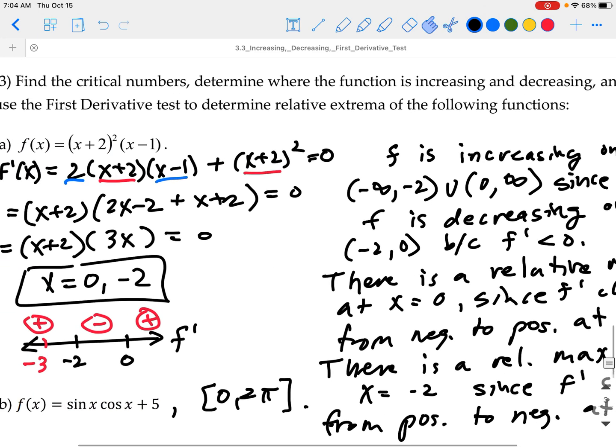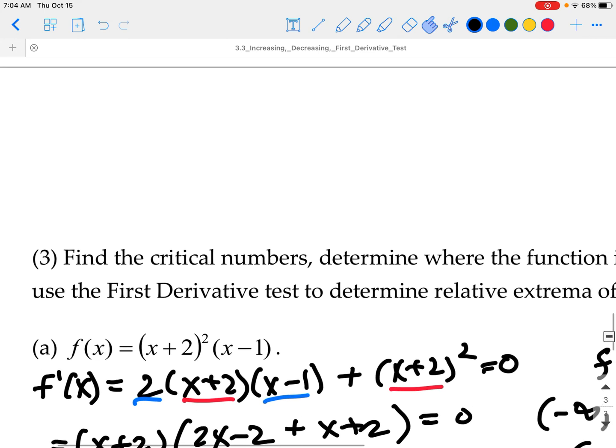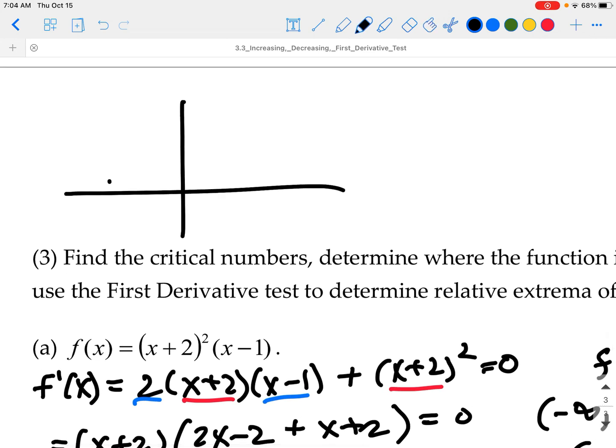Okay. And if we think of this graph, it's a cubic function, and we know the zeros are at negative 2 and 1. And so we have a positive leading coefficient, so we know our end behaviors are going to be approaching opposite infinities. Maybe I'll move this one over a little bit.